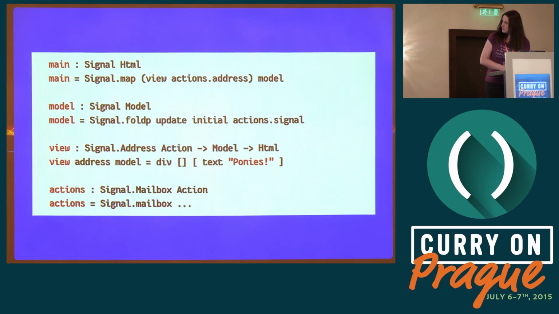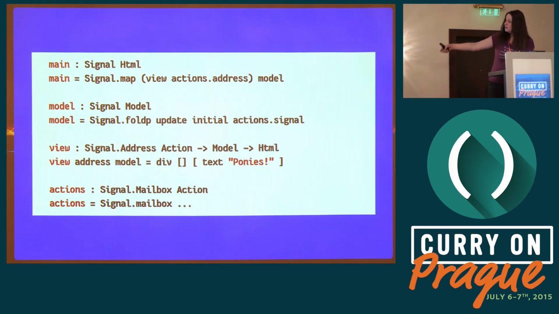So an Elm application will look something like this. It's really just a signal of HTML documents. And you have a model, which is a signal which contains your model. And you have a view function, which takes your model and turns the model into an HTML document when it changes. And then you sort of tie the loop with the actions.